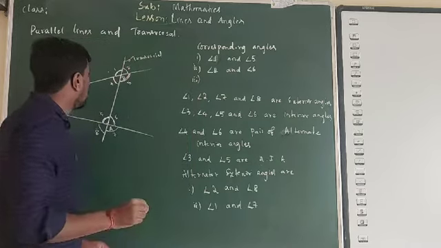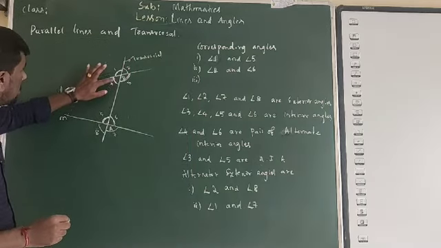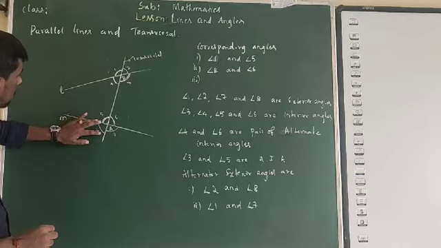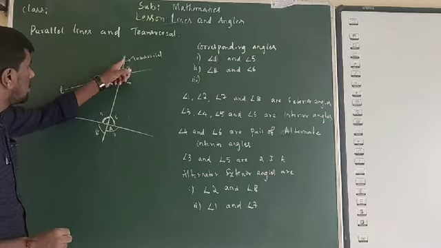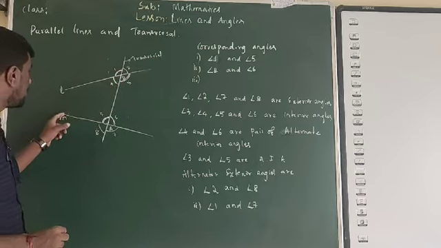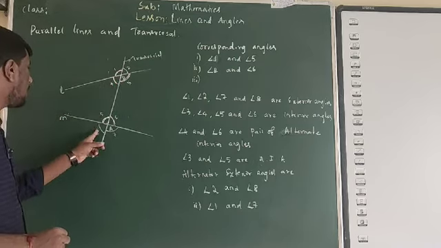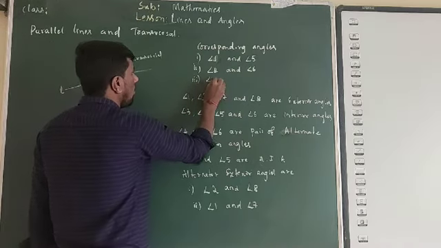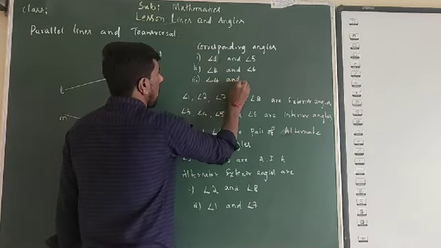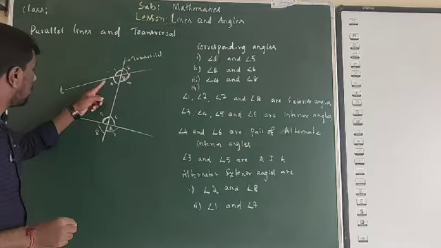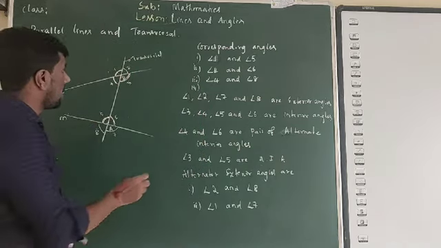Then 4 and 8. This is a line, this is a transversal, and this is the angle pair. Angle 4 and angle 8. Then 3 and 7, angle 3 and angle 7.